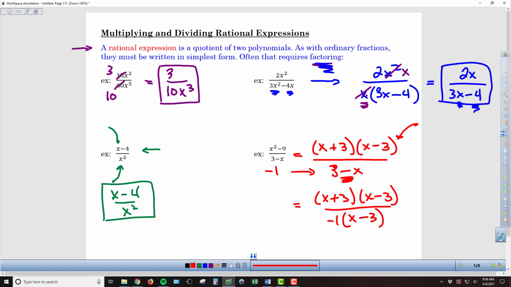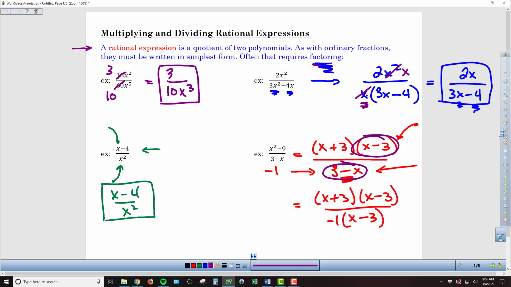And if we were to redistribute that -1, I think we'd see that that would get us back to this expression here. -1 times x is -x. -1 times -3 would be +3. So this is a trick that we can use when we see two terms like this one and this one that have the same elements, are just reverses of each other in terms of the subtraction.